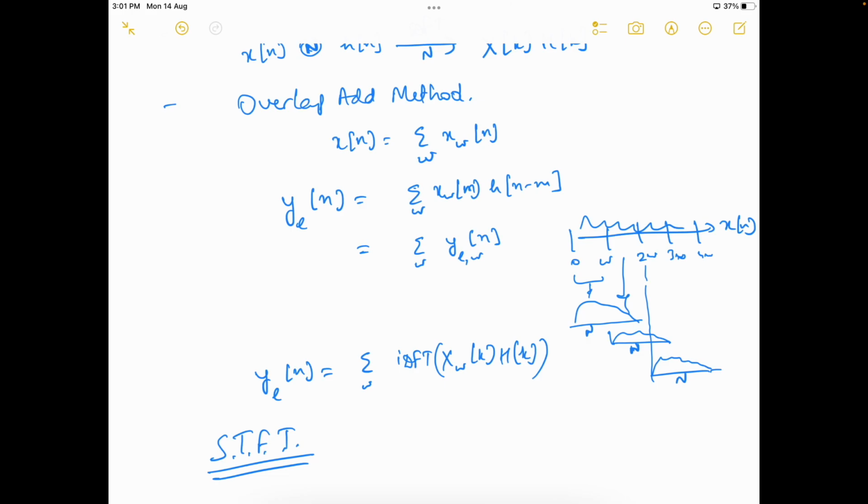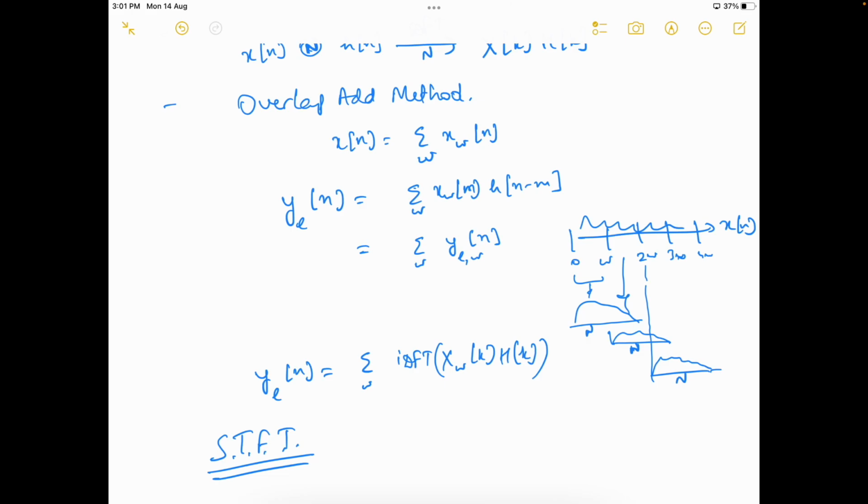Okay, good question. Let's say I give you x of length 10 to the power 8, and you have to convolve it with h of n, which is of length 200. If you do it using circular convolution, you compute the DFT of this, multiply them, take the inverse DFT.